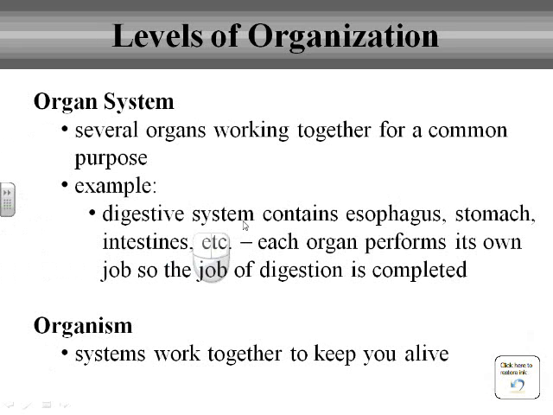Then we have the organs that all come together and work as well, right? Once those organs come together and work, we have a system, an organ system. So those different organs coming together, for example, we talked about the heart before, and the blood vessels, are working together for the same overall purpose, right? They have the same common goal.